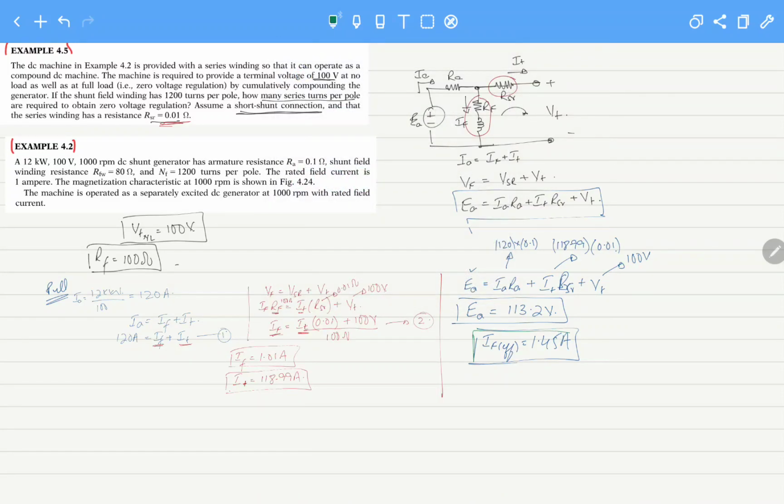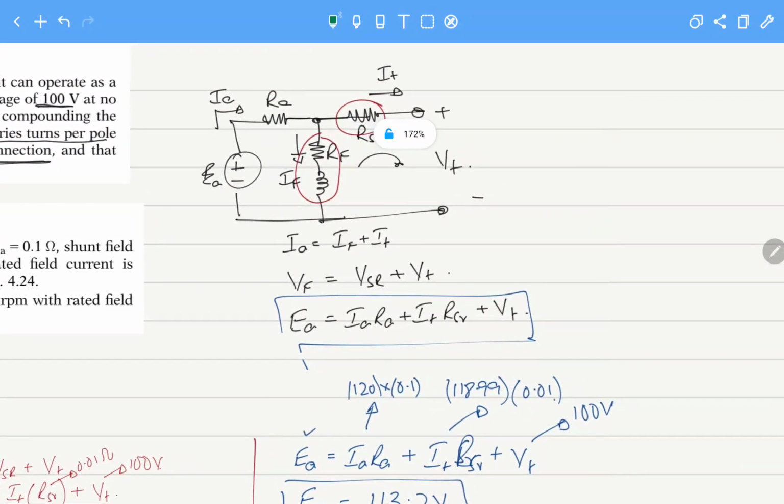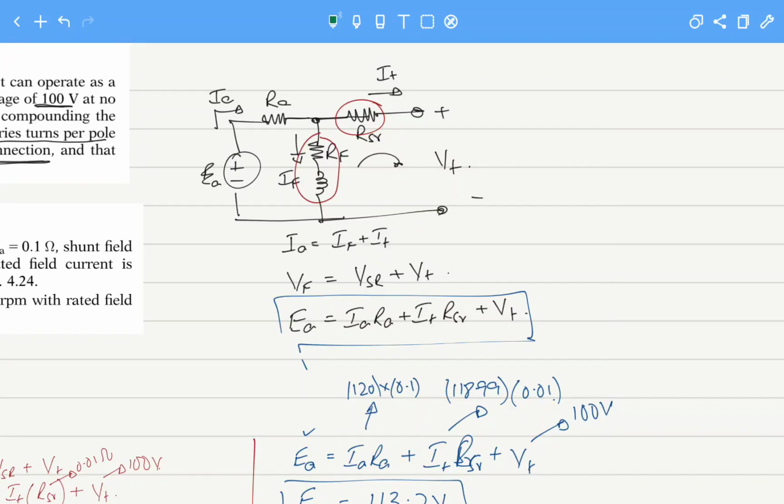Now, to revise, the total flux in the machine is being produced by two windings. The effective magnetomotive force produced inside the machine is due to the field winding, this one, and due to the series winding, this one. The effective field is equal to the number of turns that the field winding has.